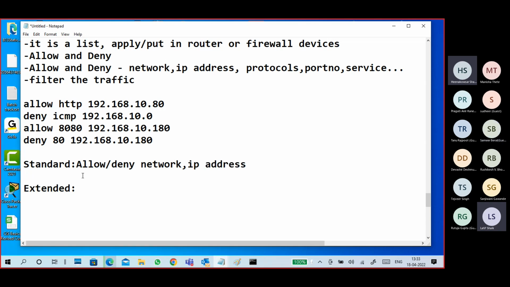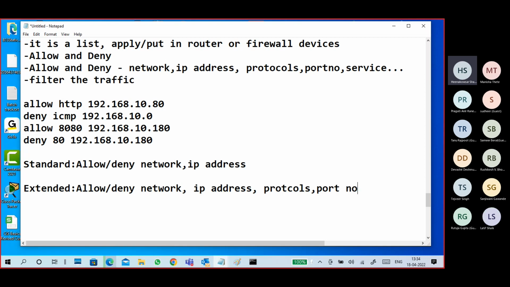But in an extended list you can allow or deny a network, or a particular IP address, communication, protocols, port numbers, and implement this.